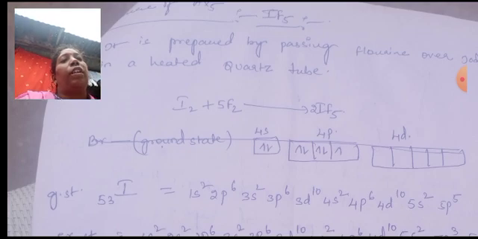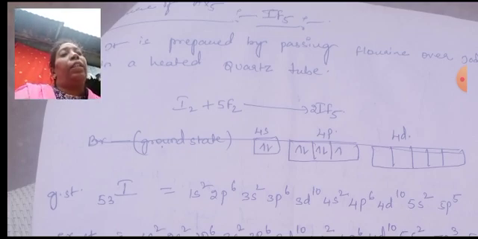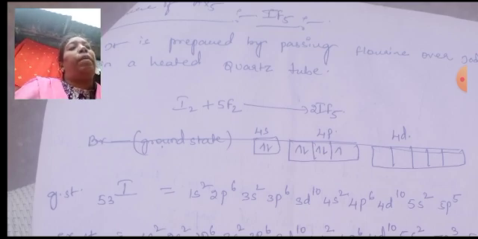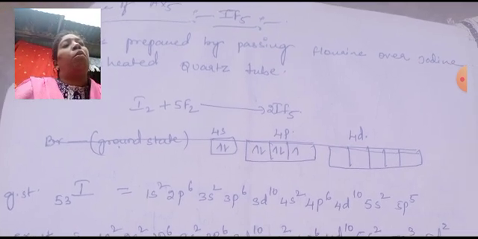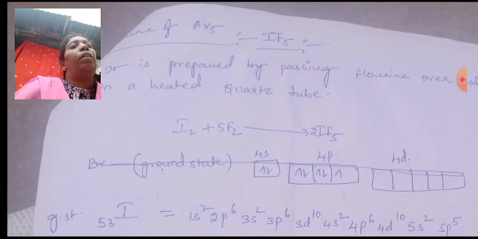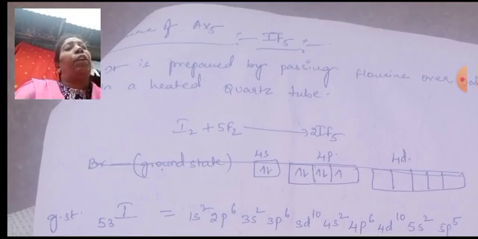Next we'll go to the structure and bonding of that AX5 type. For AX5 type, the simple example is IF5, iodine pentafluoride. It is prepared by passing fluorine over iodine in a heated quartz tube.